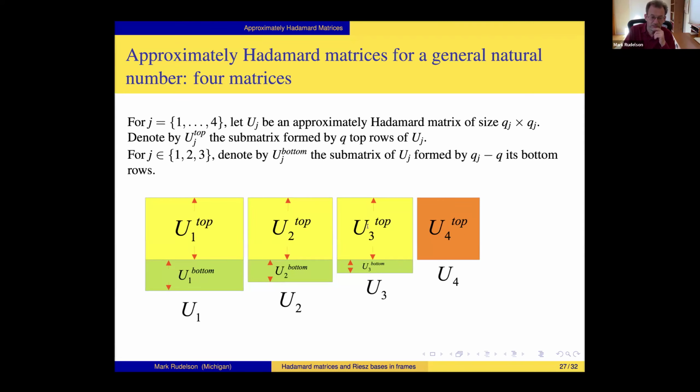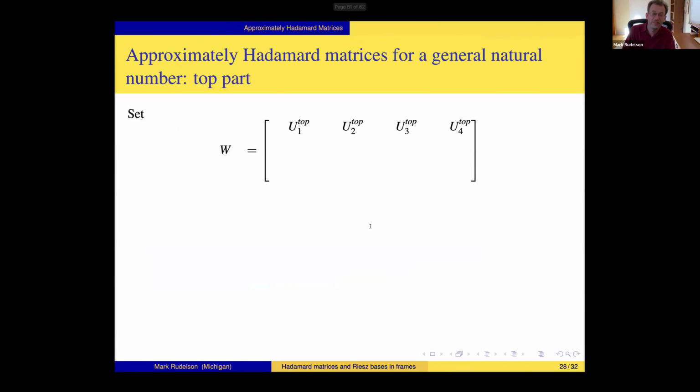And then we consider just all top matrices. And this can be easily put next to each other. And the resulting matrix will be approximately a scaled isometry, but it is not going to be a square matrix, of course. It's a rectangular matrix.